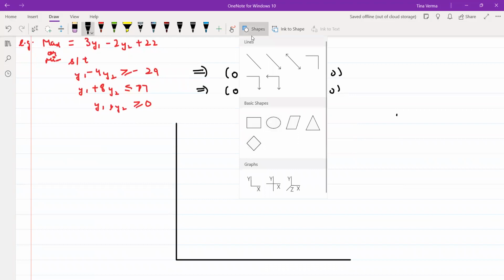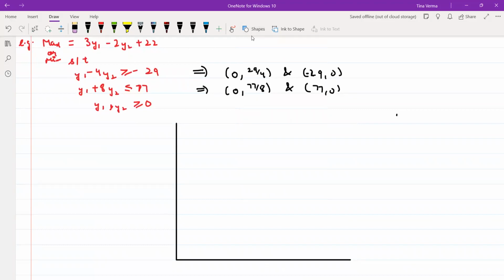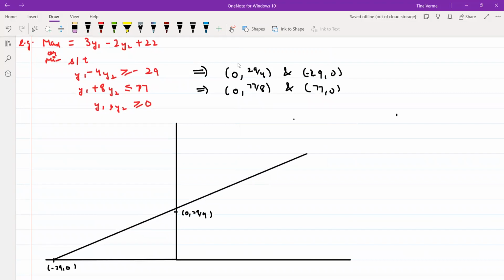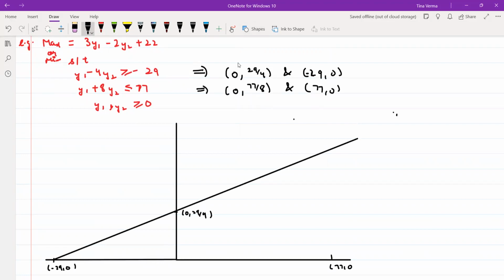The same graph it will be here, but now the inequality constraint is changed. So this is my -29,0 and here it is 0,29/4 as we have earlier plotted. This line is towards the second quadrant, but extended to the first quadrant because we have to restrict only the first quadrant. So this is my point 77,0 and this can be my point 0,77/8.